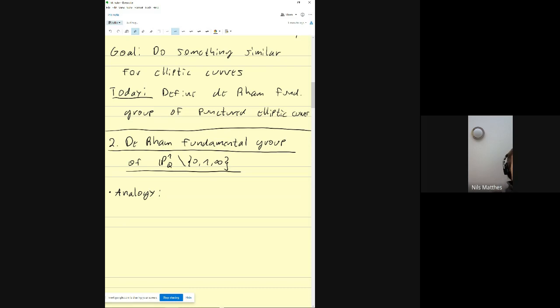So let me start with an analogy, with the analogous story for fundamental groups of topological spaces. Let's say T is a topological space, and I need to assume that it is both connected and locally path connected. And I also fix a point little t in big T, which is going to play the role of the base point.